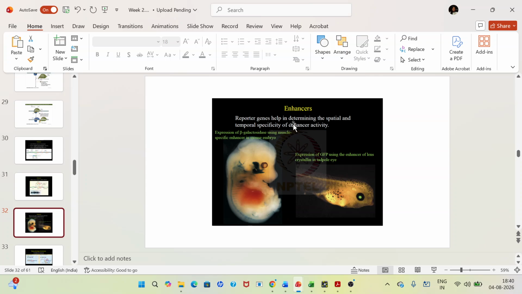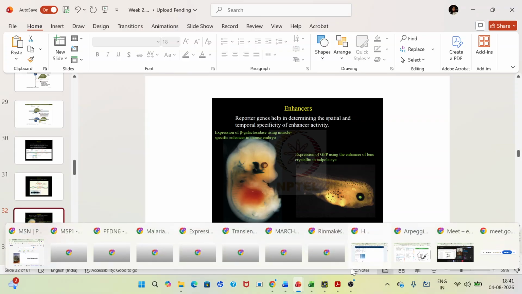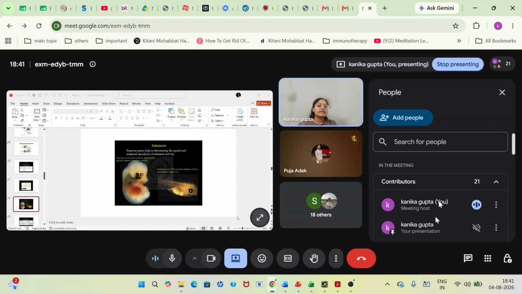Reporter genes are the ones which help in determining the spatial and temporal specificity of enhancer activity, whether the gene is getting expressed there or not, and at which space, which time. All of this will be controlled by the enhancer. And to understand that, for experimental purposes, the reporter gene is the one which helps us in that matter.